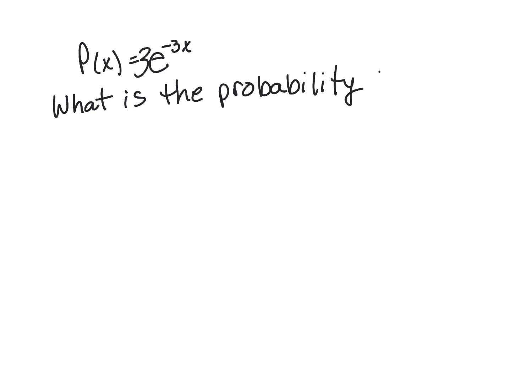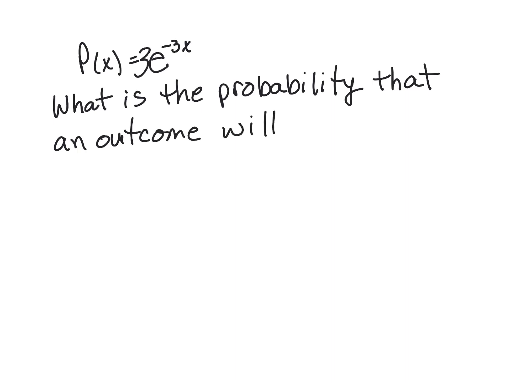What is the probability that whatever you're looking for will be, let's say, from 1 to 2. Simple enough, right? Now you can take that function because you know it's proper.